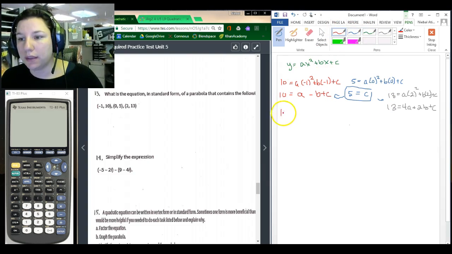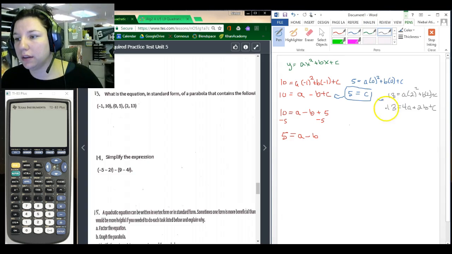So that's going to give me 10 equals A minus B plus 5, minus 5 to both sides. 5 equals A minus B. And then on this side, it's going to be 13 equals 4A plus 2B plus 5.